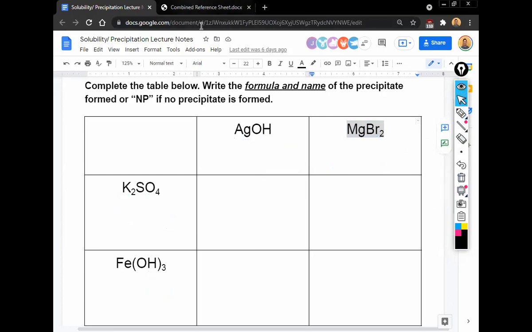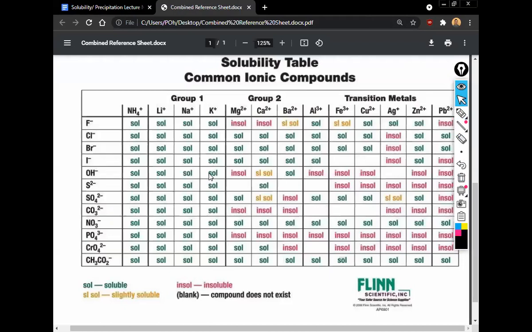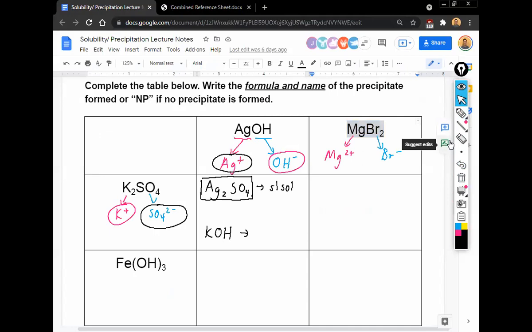K and OH. It does dissolve in water. Thank you to the one person who wants to respond to me. So yeah, KOH dissolves in water, so KOH does not form a precipitate.